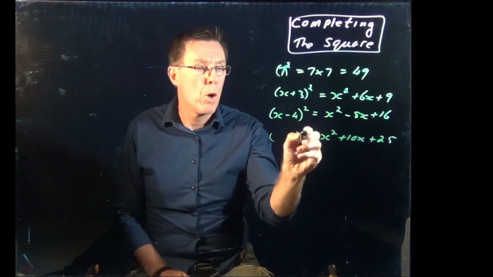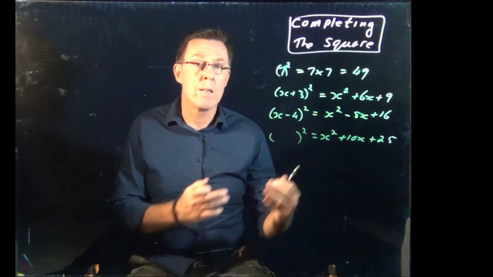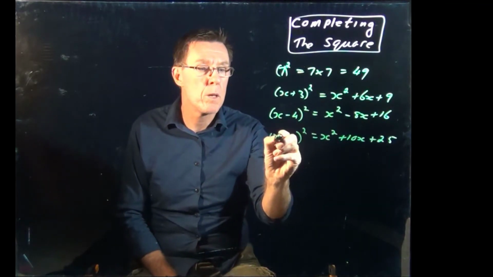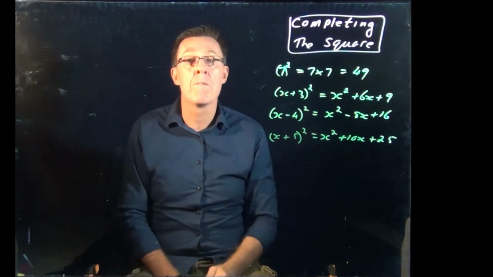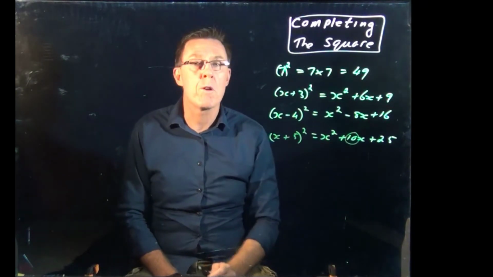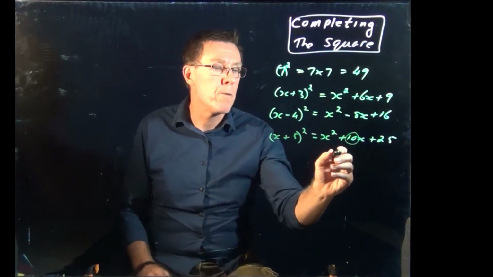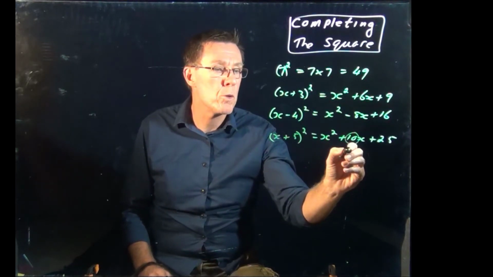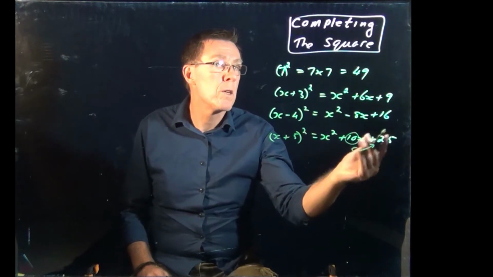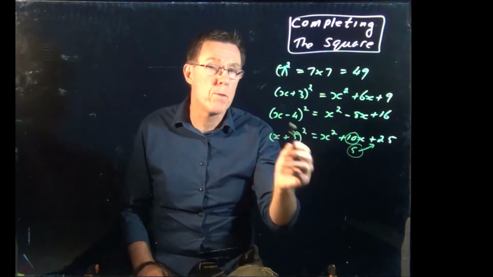So, what is the number inside the bracket that is being squared to produce that? Well, clearly it's going to be x plus 5. How did I get that? Take the number in front of x, the b value, and divide it by 2. When you divide it by 2, you get 5. Is 5 squared equal to 25? Yes, it is. So positive 5 is the number in the bracket.